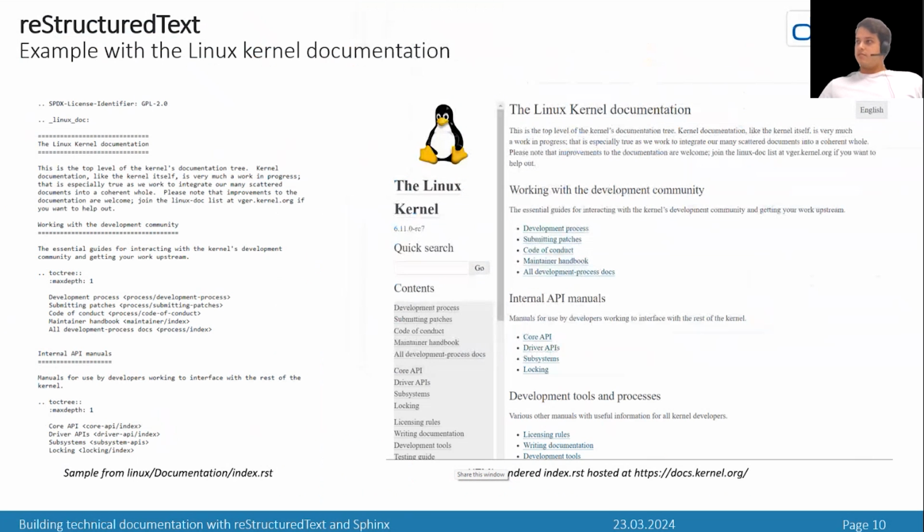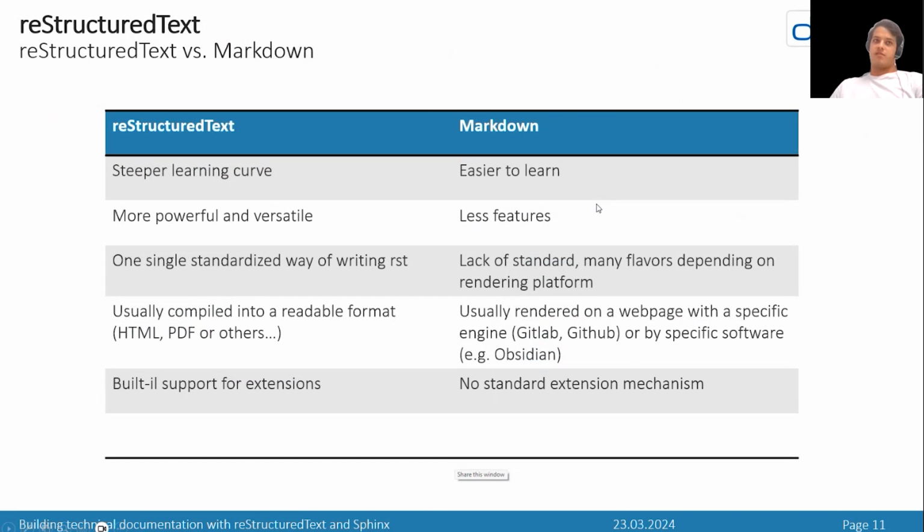Okay, let's move on. We can compare reStructuredText and Markdown here. The first thing is that reStructuredText has a steeper learning curve, but it's more powerful and versatile. It has many advanced features like table of contents or complex formatting options.